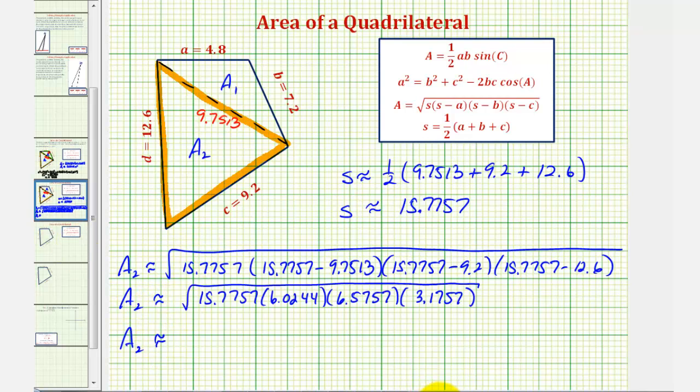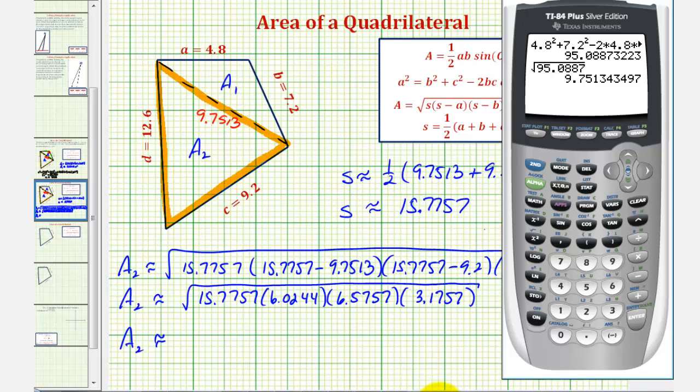And now we'll go back to the calculator. We have the square root of 15.7757 times 6.0244 times 6.5757 times 3.1757.